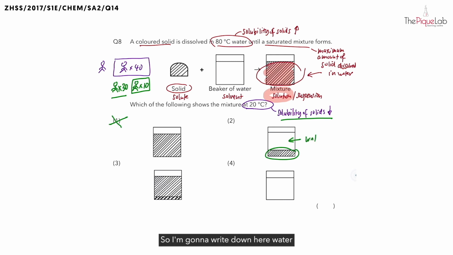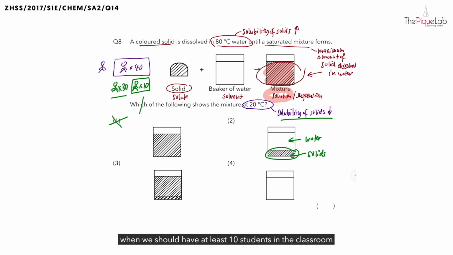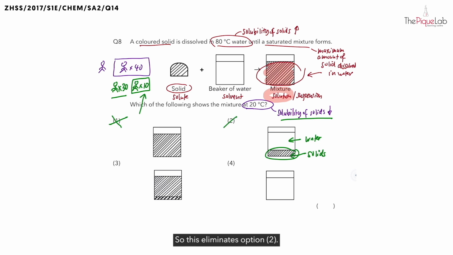So I'm going to write down here water and here solids. Using our analogy, this is like all 40 students getting kicked out of the classroom and none of them are in the classroom, when we should have at least 10 students in the classroom and 30 students being kicked out. So this eliminates option 2.